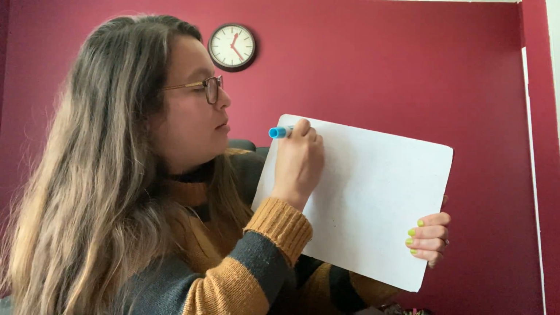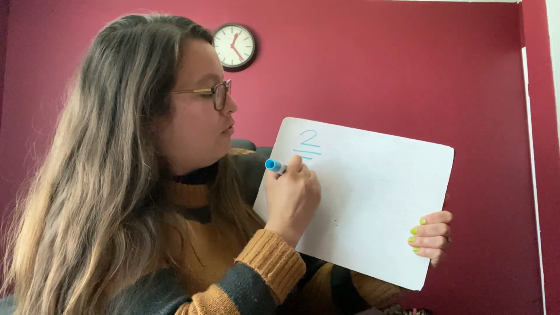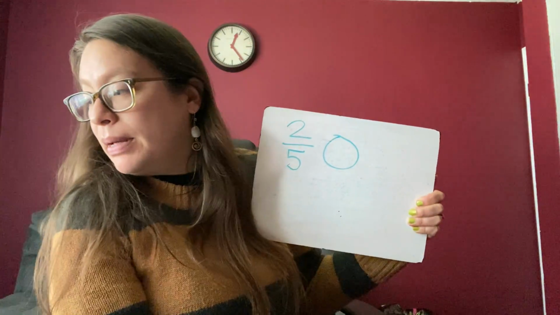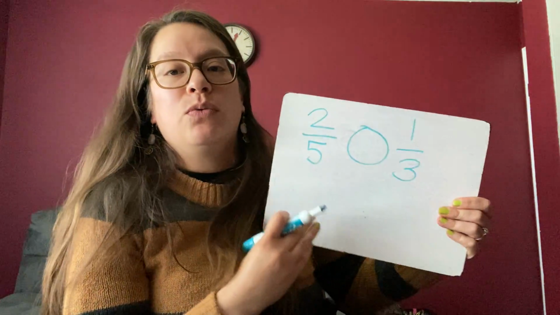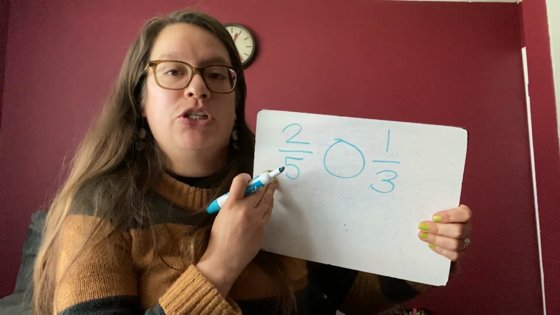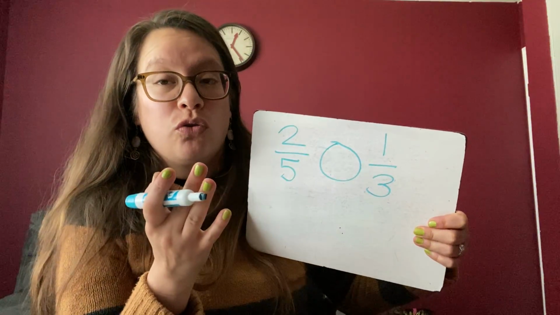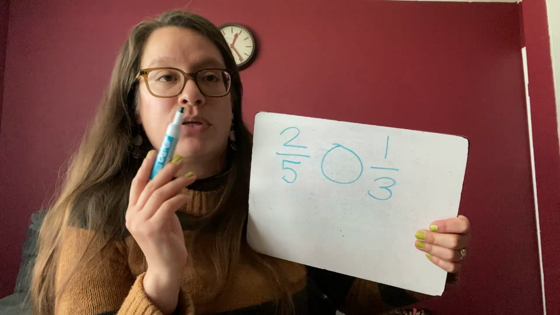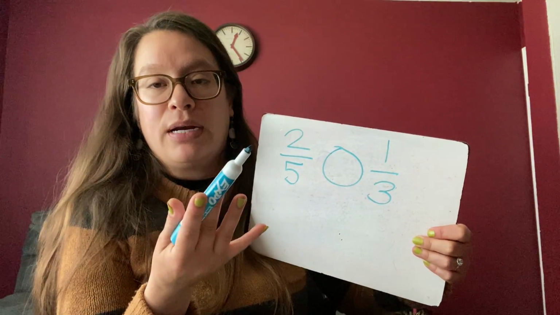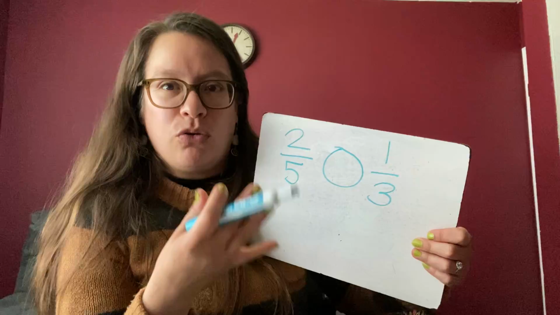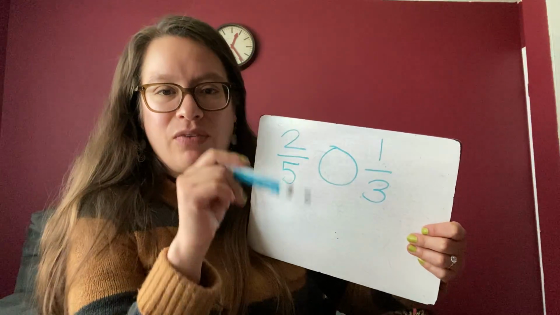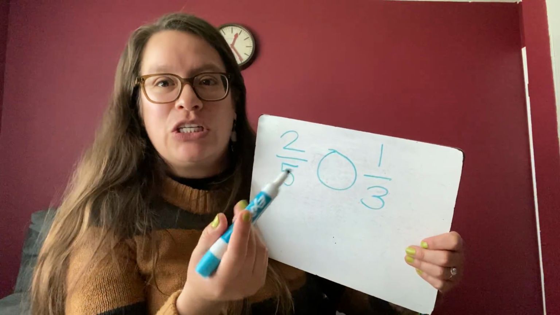Ooh, I see some bigger numbers here. 2/5 compared to 1/3. With this one, with the bigger number, I would suggest not using circles, because with circles you can only get so many pieces, right? I would suggest doing rectangles or squares, because that way you can divide it up a little bit easier.